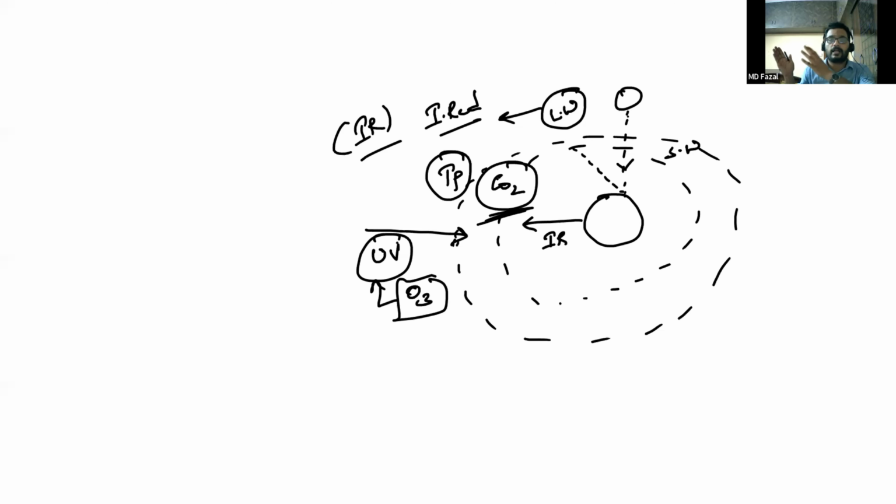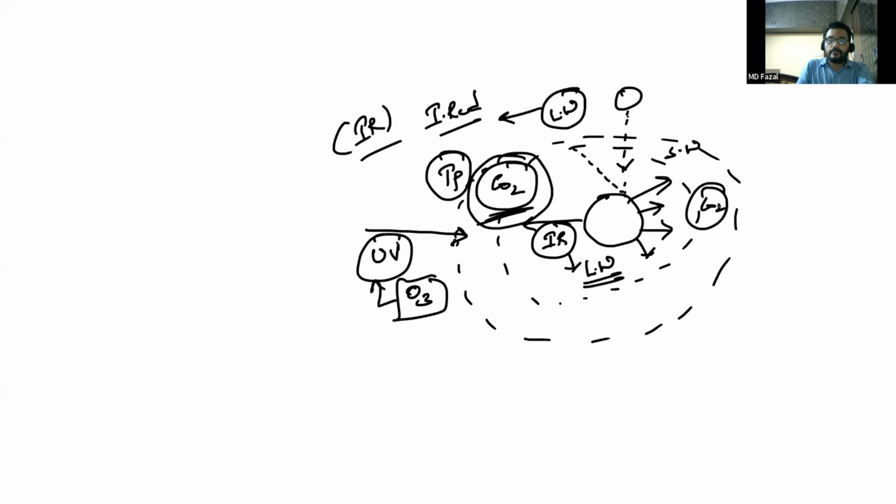Maximum it will absorb, and the other is re-emitted back. The re-emitted ray is infrared, which is of long wave, and that is getting trapped by carbon dioxide, which is acting as an opaque. I hope this is very clear and very basic. Now more IR radiation is being trapped by carbon dioxide. Carbon dioxide is a greenhouse gas, right?